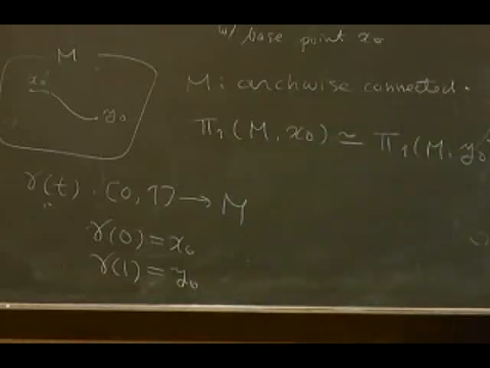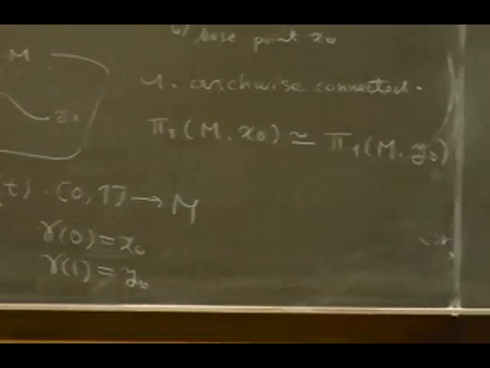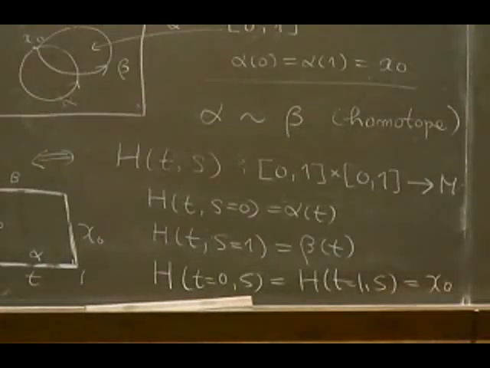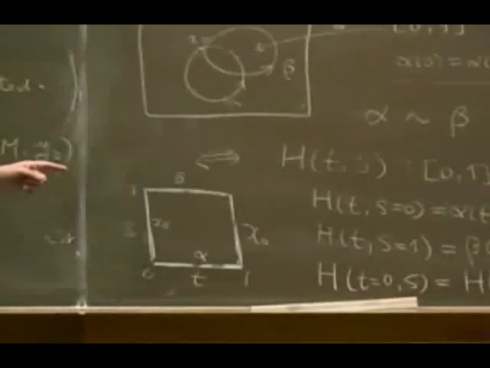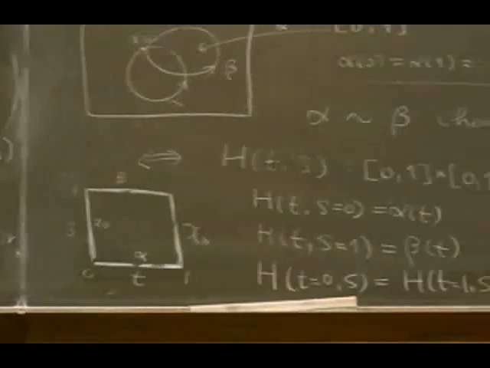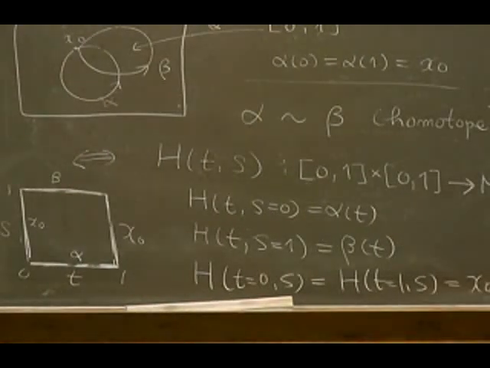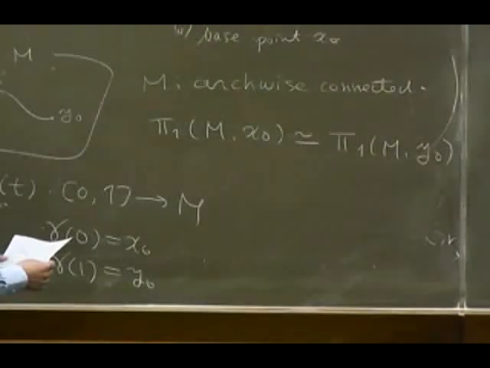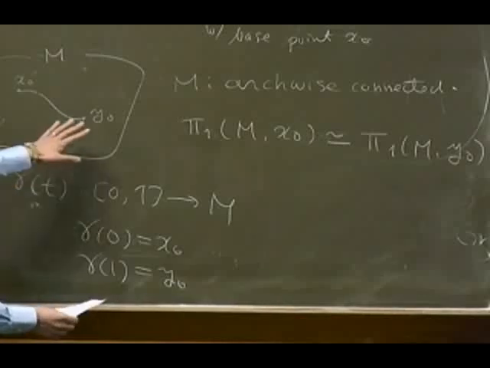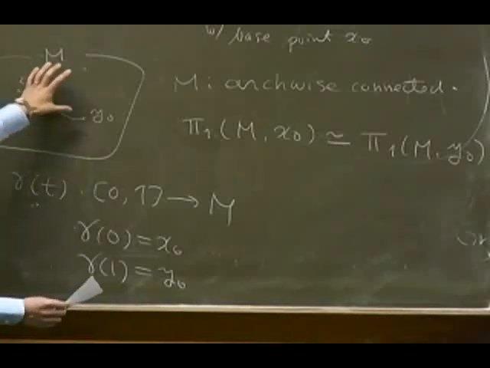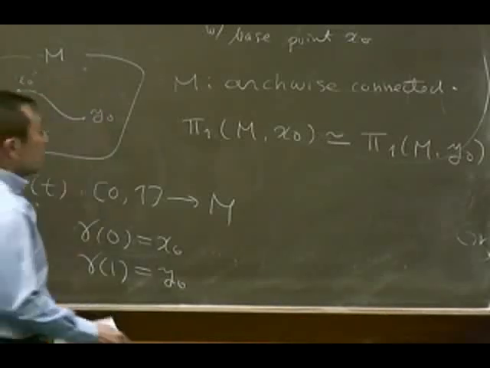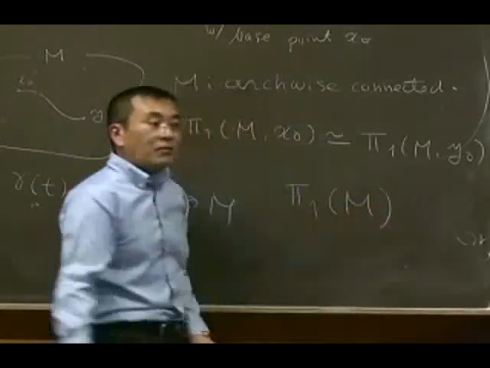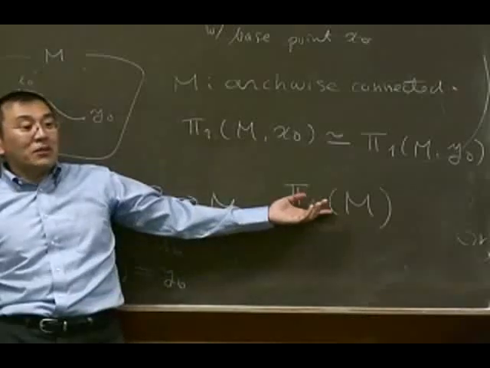So for example, in the previous example in question number 2, we computed pi 1 of S1 with x0, but the end result was Z, which was independent of x0. The reason is that S1 is arcwise connected. So if the topological space is arcwise connected, then we can just call the fundamental group pi 1 of M without reference to the base point.